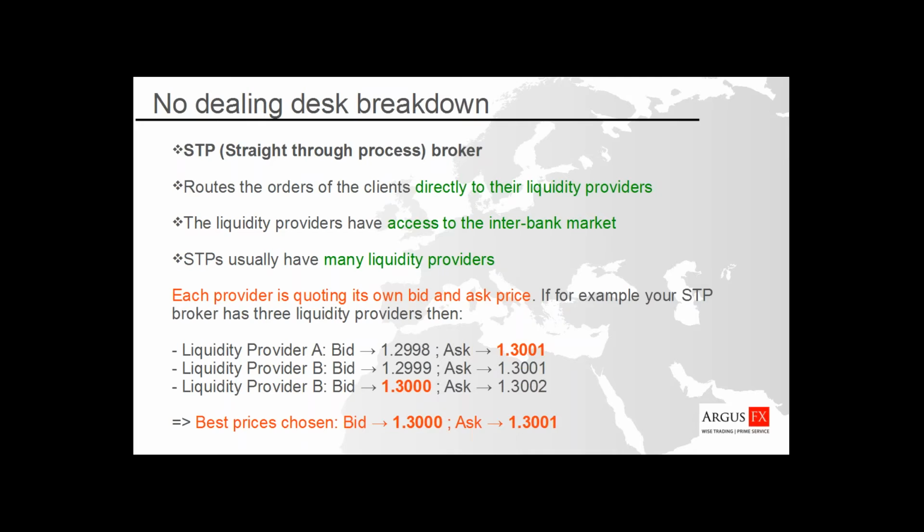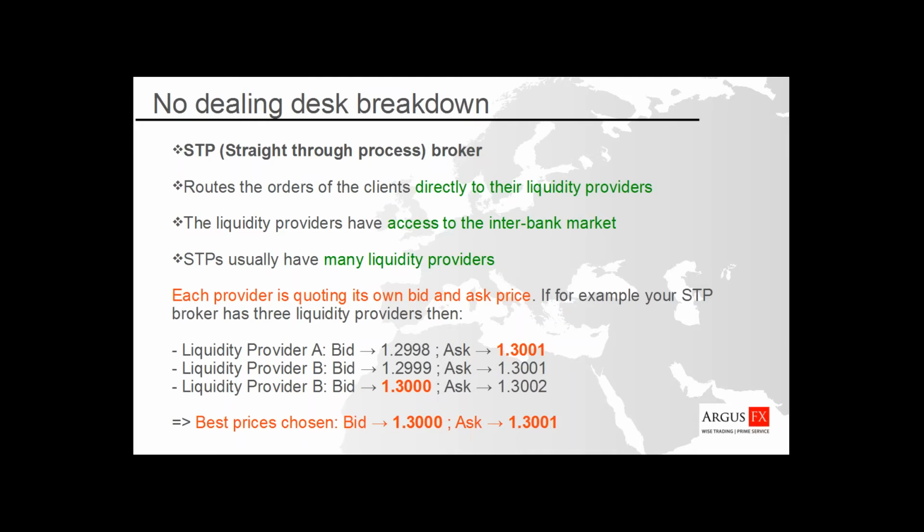Whereas liquidity provider C, sorry for my B, has a bid price of 1.3000 and an ask price of 1.3002. So at this stage, we are trying to see which prices will be given to the STP broker that this STP broker will show on the trading platform.